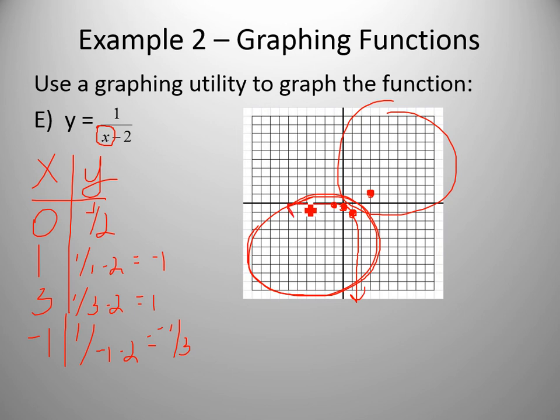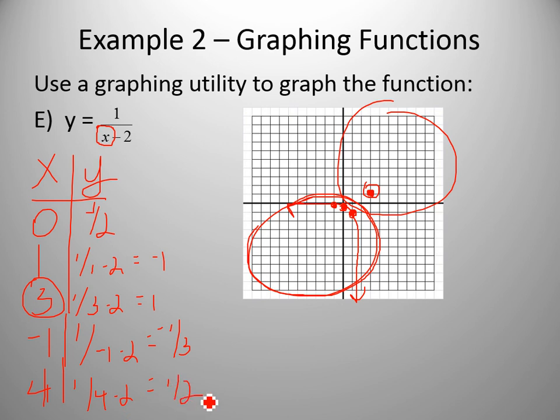And then for this top portion here, I'm going to put some other numbers in for x. So I already got a 3 in for x, and that's this point here. So if I were to put, let's say, a 4 in for x, so if I did 1 over 4 minus 2, that's positive 1/2.